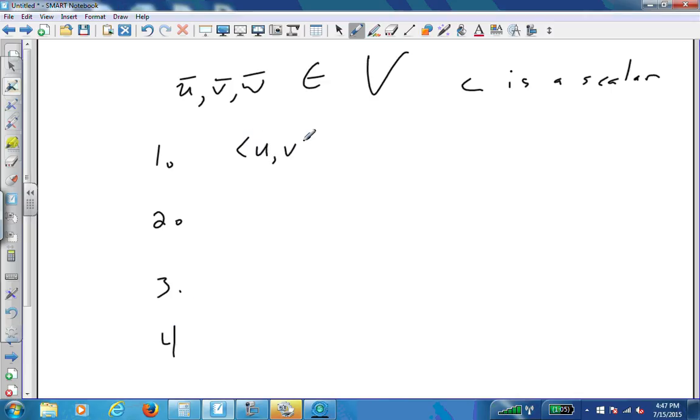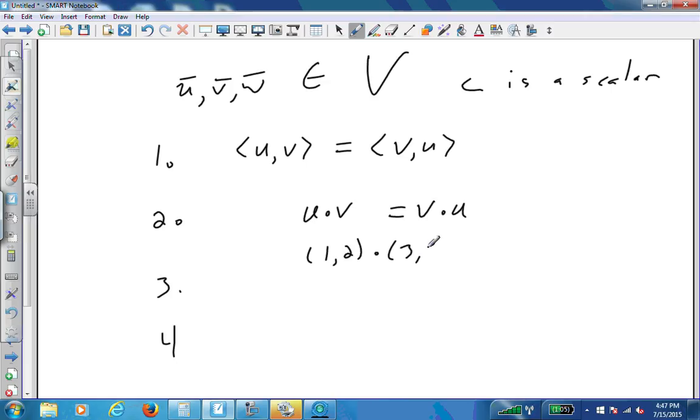First, <u, v> equals <v, u>. In our example of dot products, u dot v and v dot u are equivalent. If we look at a simple example, (1, 2) dotted with (3, 4) is 1 times 3 plus 2 times 4.